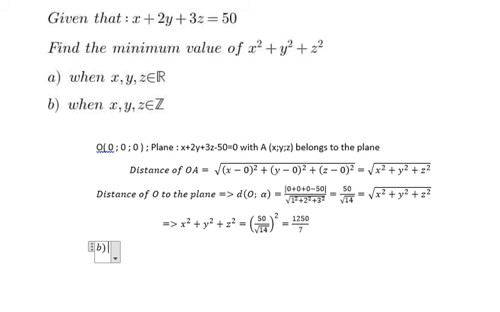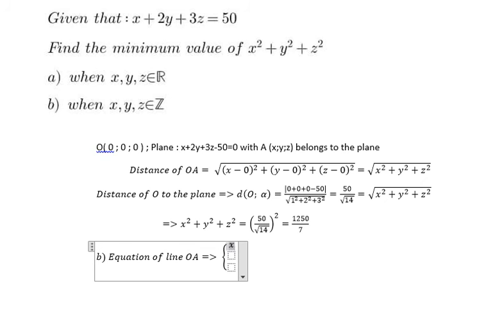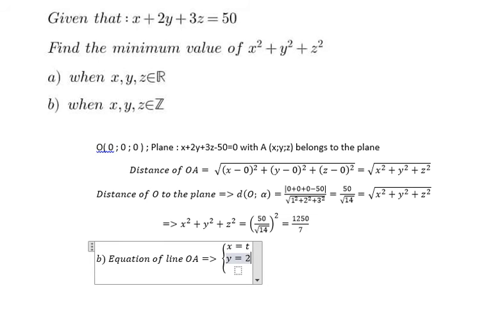So we need the equation of line OA. Because the normal vector of the plane is 1, 2, and 3, the line OA in this situation has x equals t, y equals 2t, and z equals 3t, and this line goes through the point O. That's why we don't have a number next to the t.